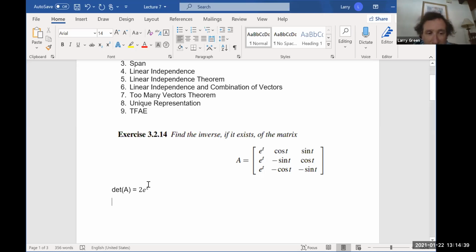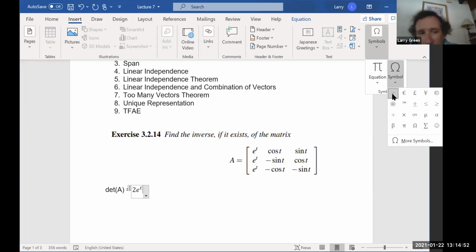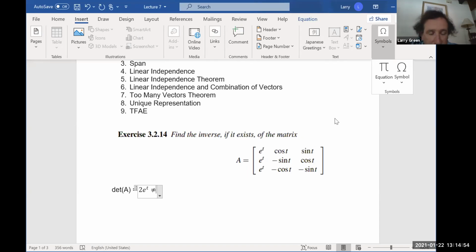So one thing is we can immediately say that the determinant is 2e to the t, and then we could say that that is not equal to 0. Good with that?